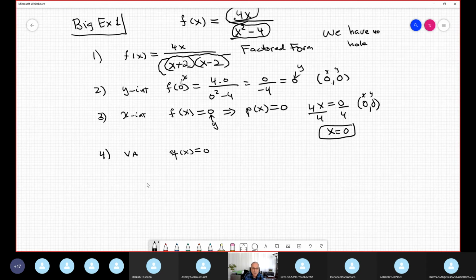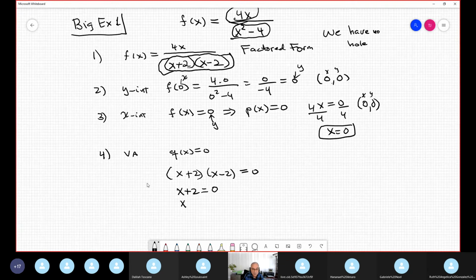Personally, I prefer the factored form because it's easy. Actually, x plus 2 times x minus 2 equals 0. Therefore, we have two linear equations, and the values are -2 and +2.